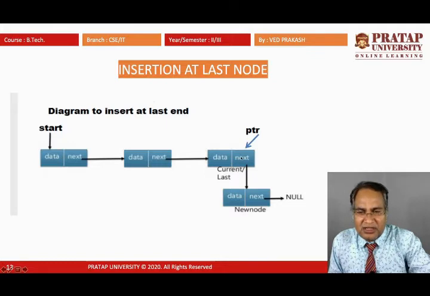After reaching the last node, we set the last node's next pointer to the new node, the new node's next pointer is set to null, and PTR is set with the new node.